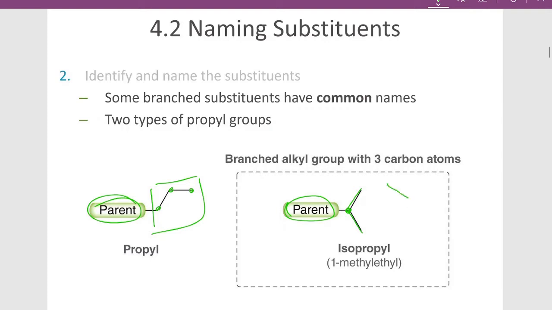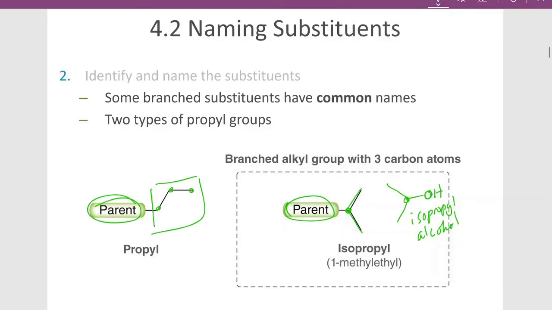That's why the common name for the alcohol you buy at the store for cleansing, for disinfection, is called isopropyl alcohol, because the OH group on that alcohol molecule is attached at the second carbon. So that's called isopropyl. Now the IUPAC name for this substituent would be 1-methyl-ethyl.